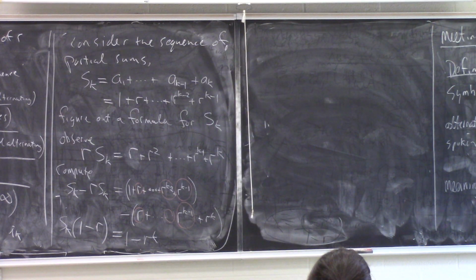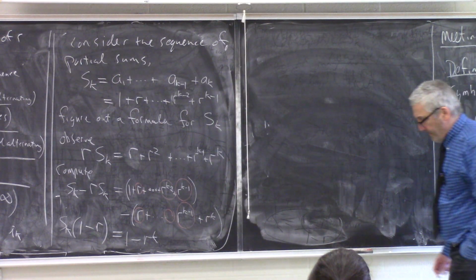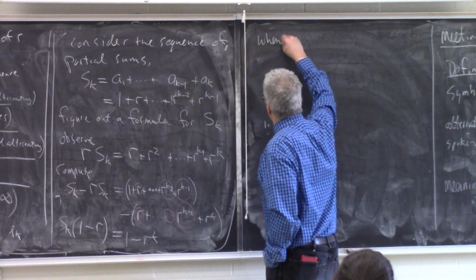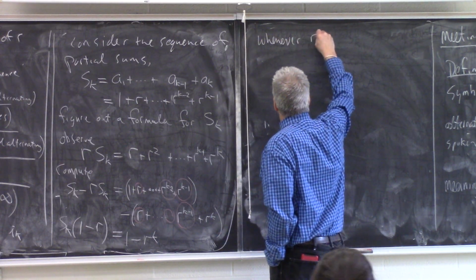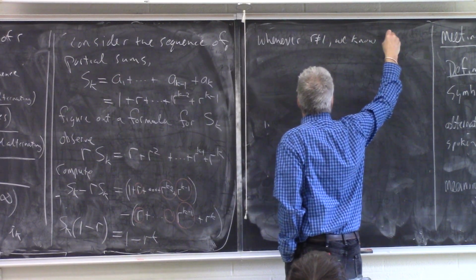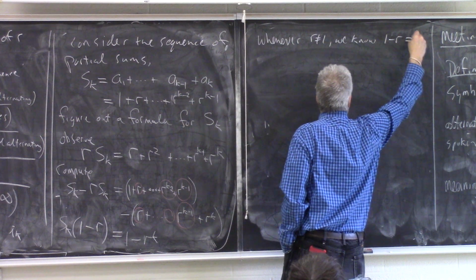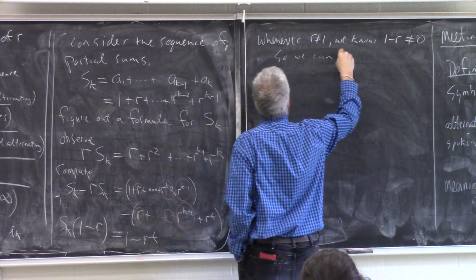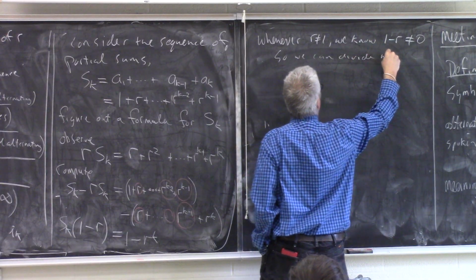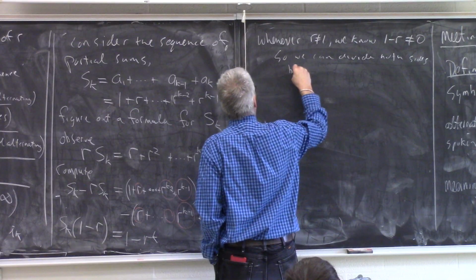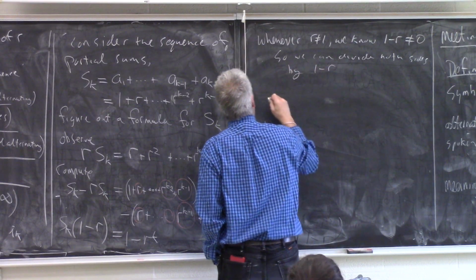Now, if r is not the number 1, so whenever r is not the number 1, we know that 1 minus r is not the number 0. So we can divide both sides by 1 minus r. And we get this formula.